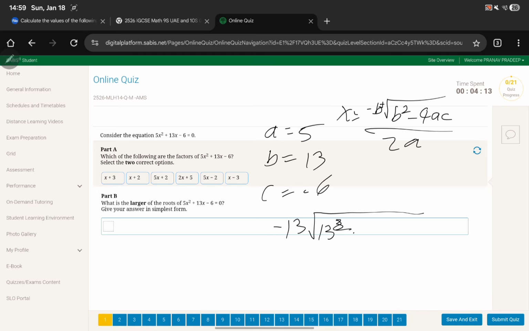Then minus 4 times 5 times negative 6, over 2 times 5, which is 10. You can do 4 times 5 times negative 6, and that'll give you minus 120.